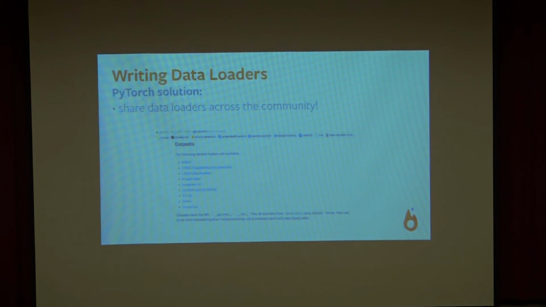It's already inbuilt as part of the Torch Vision package. Similarly, if you're doing NLP and you want to load Penn Treebank, or if you want to load Wikitext or WMT, there are standard data loaders in the Torch text package for all of these.